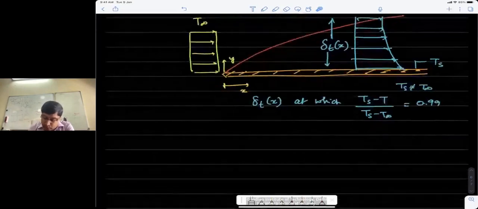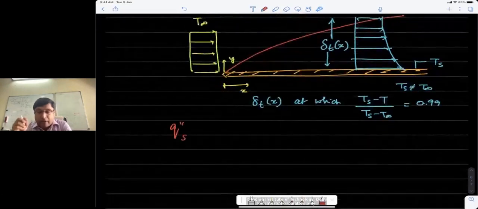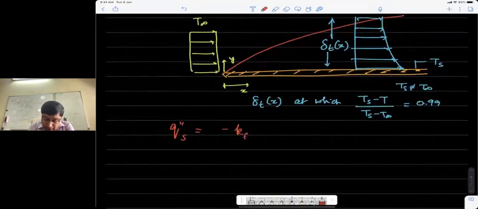So locally at any given location, q double dash s, which is the heat flux at any given point, would actually be given as a conduction heat transfer by Fourier's law.